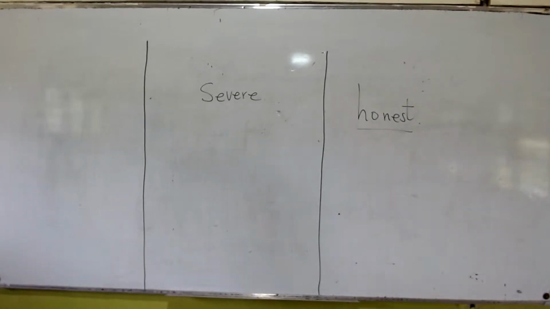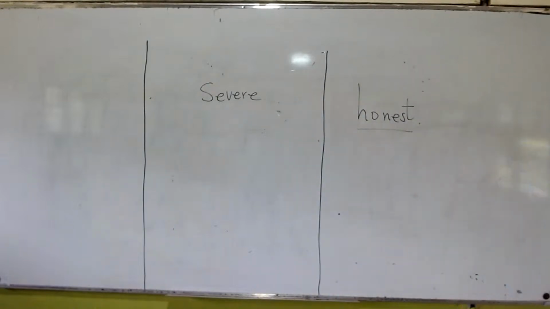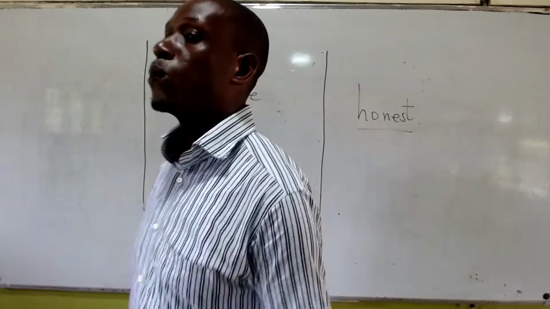That's why we have trees. The dangerous gases produced by the industries are absorbed by the trees. So trees are so important. They help in absorbing dangerous gases. So the correct answer according to the passage: trees absorb dangerous gases from the air.